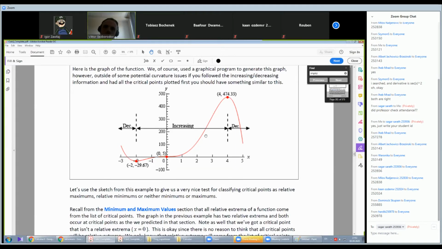Then it's increasing and it reaches this point and then it starts to decrease. And here it's also decreasing, right? Here it's increasing, and here it's decreasing again. And this is the schematic plot of a function.